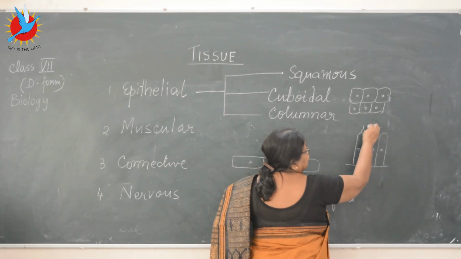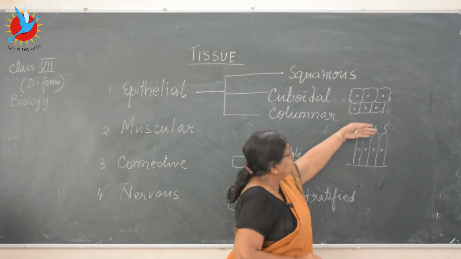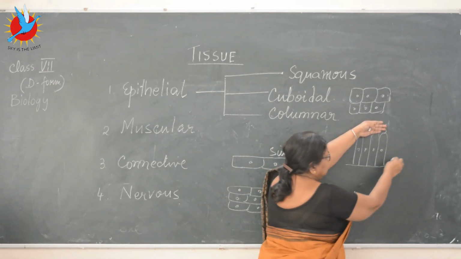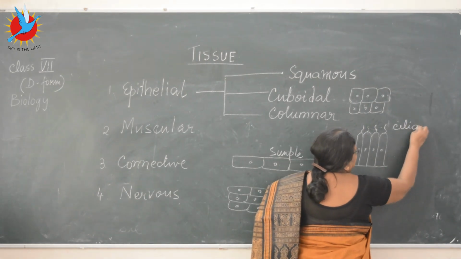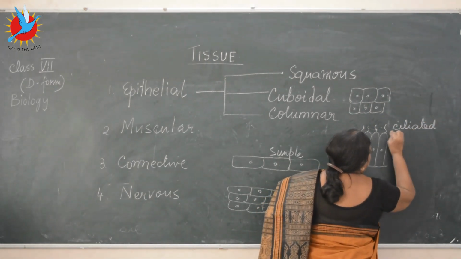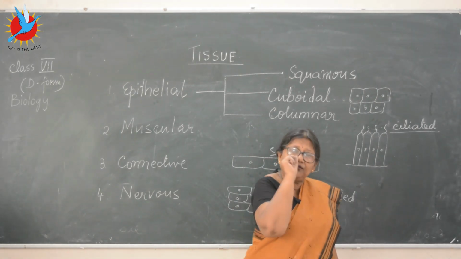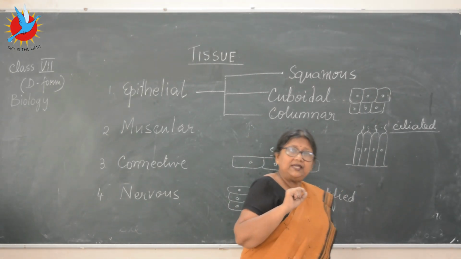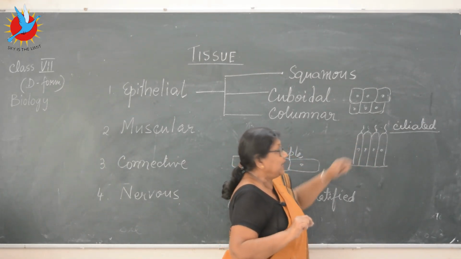Sometimes columnar cells have a little bit of hair-like structure. Then it becomes ciliated. Like inside the lining of the nose, you know we have got very fine hair, ciliated. So this is ciliated, and without this it is columnar.